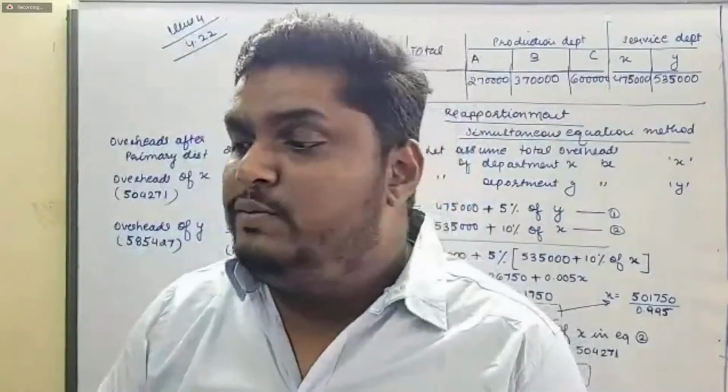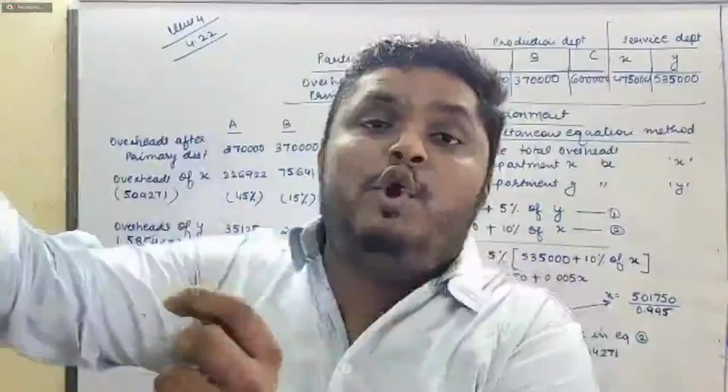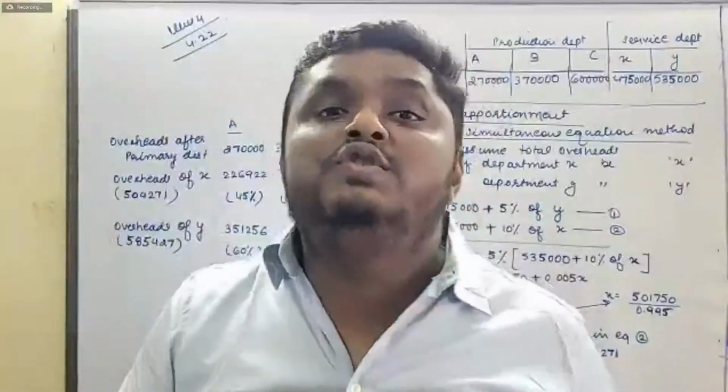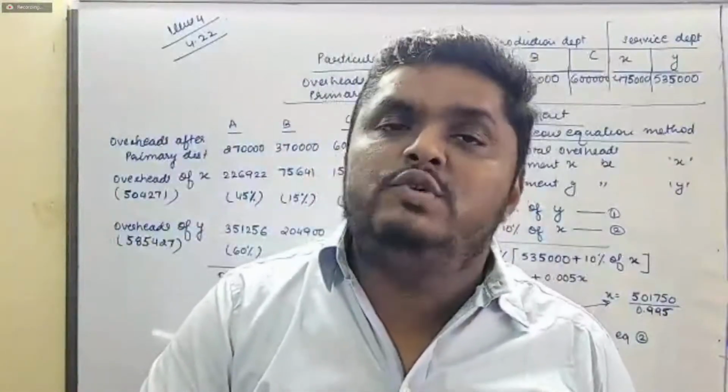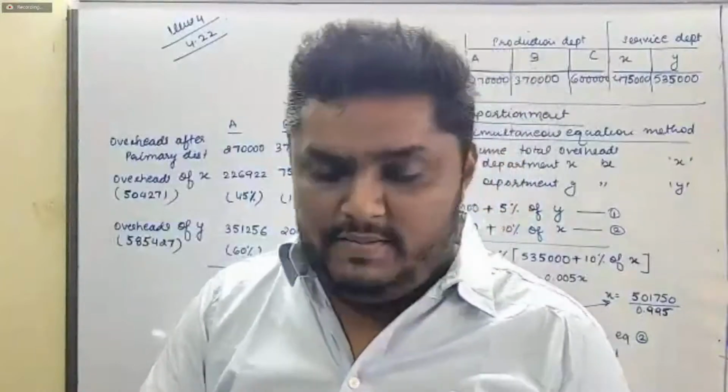When talking about distribution, whatever percentage is apportioned to X or Y is to be ignored. Only the balance amount is to be apportioned among the various production departments.